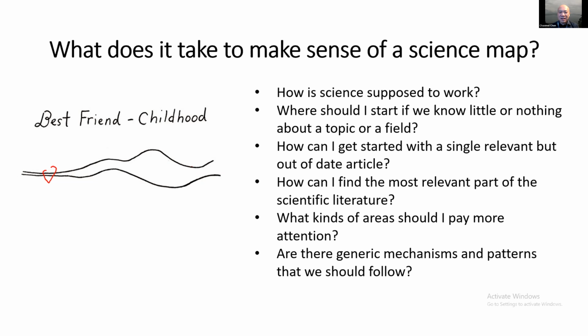Along this line, in parallel, if we look at the questions on the right, the question we may need to address when we're dealing with the science mapping process is: do we know how science is supposed to work? Compared to the one on the left, we understand quite clearly how childhood friendship will evolve over time.